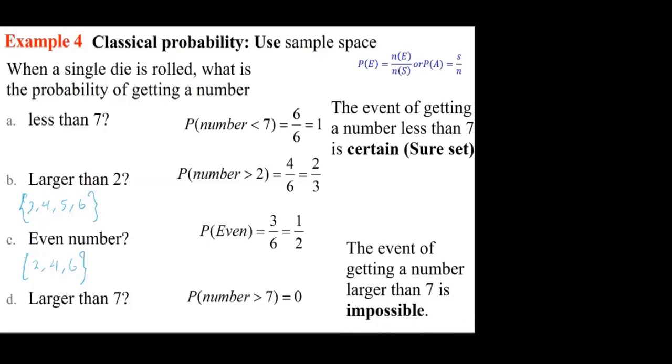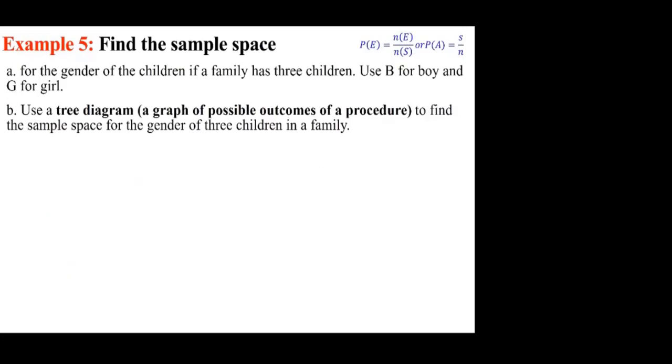Here's the next example. For the gender of the children, if a family has 3 children, use B for boy and G for girl. Use a tree diagram, a graph of possible outcomes of a procedure, to find the sample space for the gender of 3 children in a family. As I mentioned before, the total sample size is the number of outcomes per stage to the power of the number of stages.